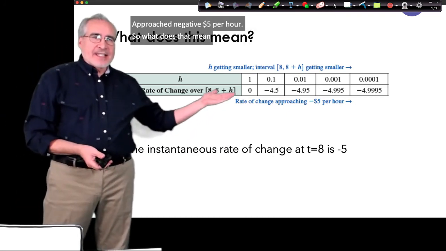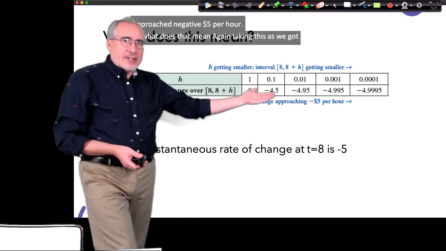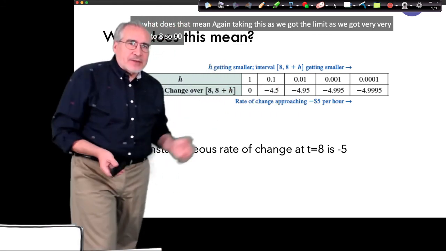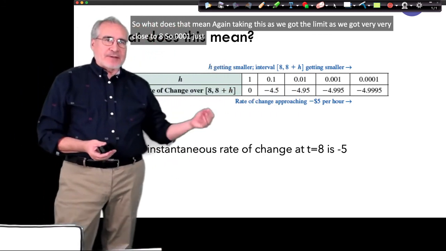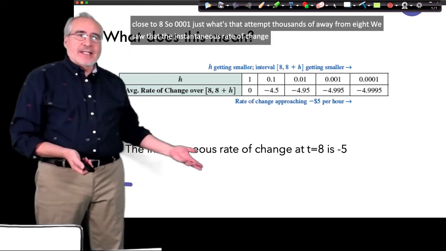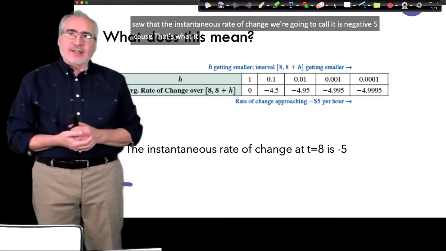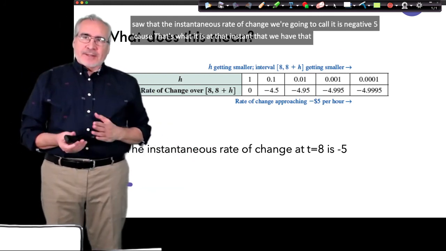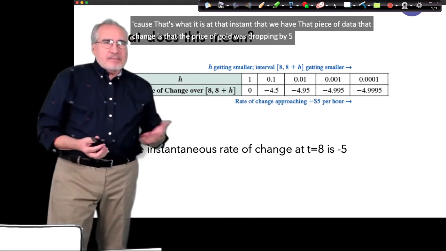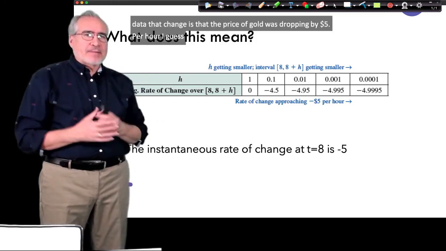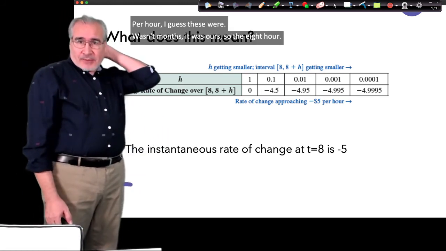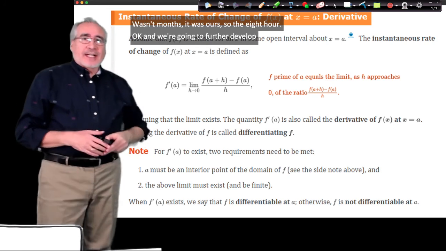Well, as we got the limit, very, very close to 8, so 0.0001, just a 10,000th away from 8, we saw that the instantaneous rate of change, that's what we're going to call it, is -5. At that instant, the price of gold was dropping by $5 per hour. I guess these weren't months, it was hours. So the 8th hour. Okay. And we're going to further develop this. So that was our example.